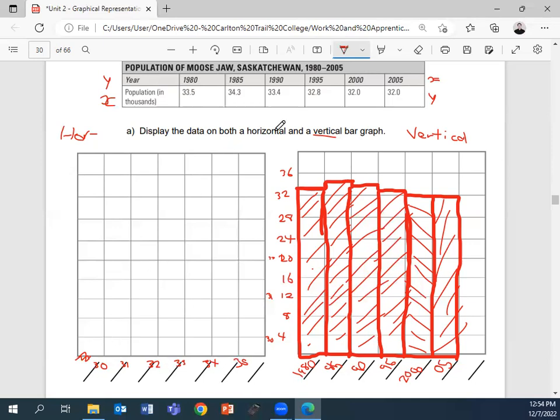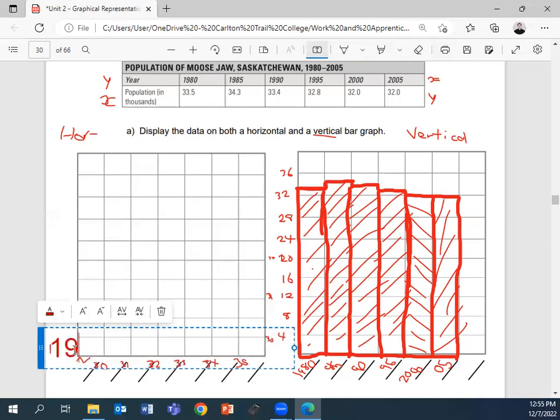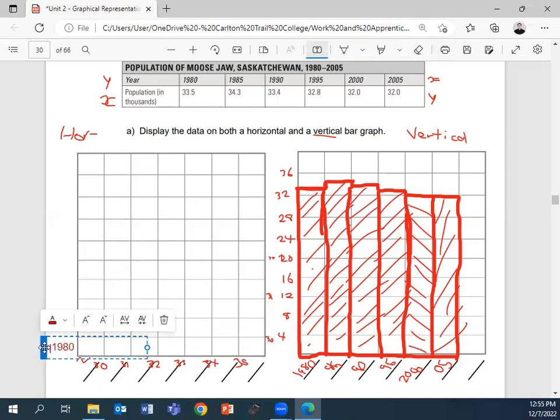So you put your years on the bottom here. We do that little squiggle to denote that it's changed a little bit. And then we're going to put the years not on the lines, but right here. So now we'd put 1980, not on the line but between them, because this whole bar is something that we fill in.